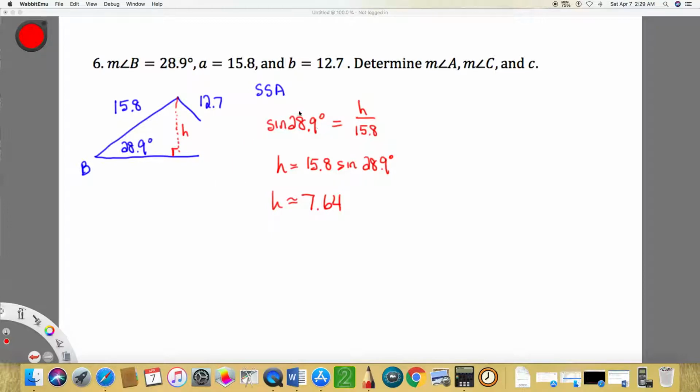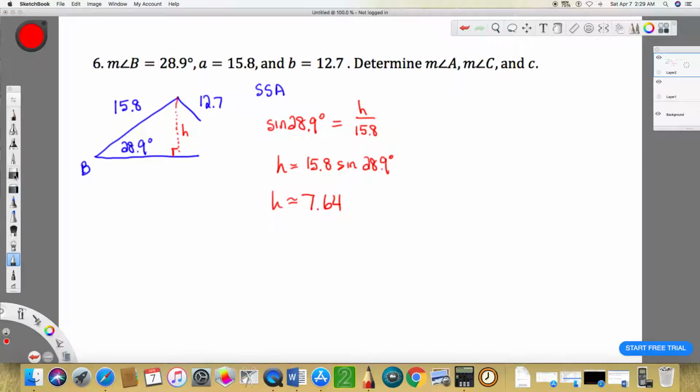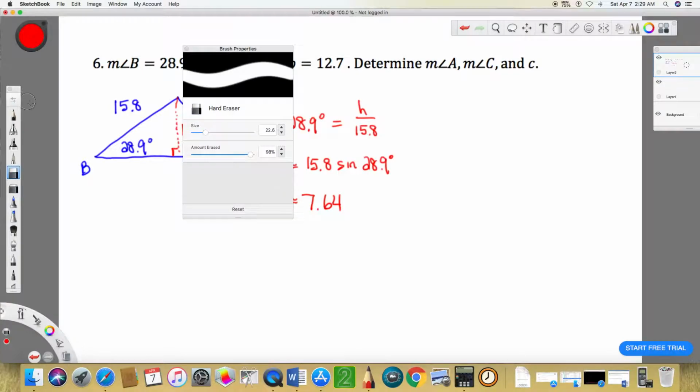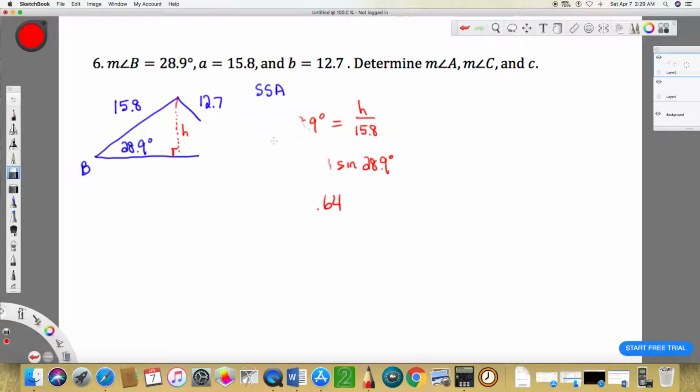So what we're going to have then, I'm going to erase this. We know that if we treat this like a hinge, where this 12.7 is like the pendulum of a clock, if it swings out this direction, that's going to form one triangle.